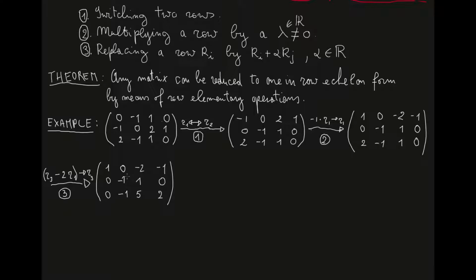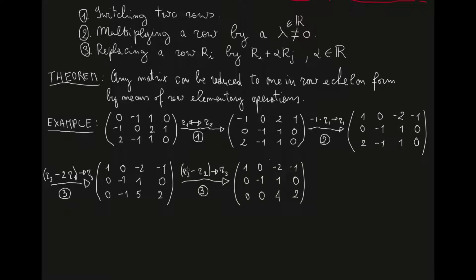Just looking at this scalar here, the first non-zero scalar in the second row, which is -1. Therefore, the coefficient to multiply the second row by to kill -1 is just -1, and we will be getting precisely this operation.